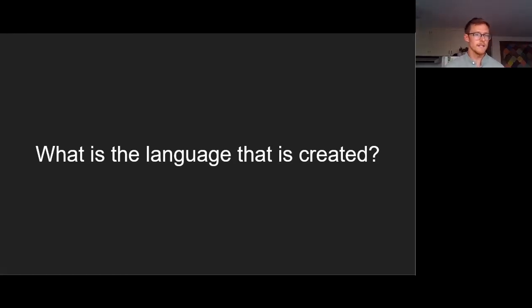So modern Israeli Hebrew is deeply affected by the fact that the people that created it and raised new generations of speakers speaking Hebrew were themselves first language speakers of languages like Yiddish or Russian or French or German or whatever other European languages there were, right?